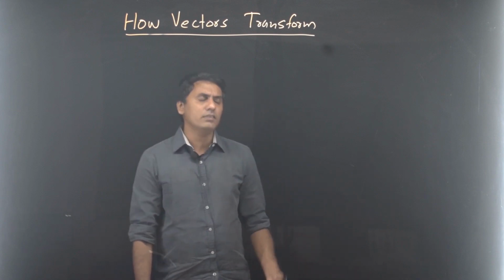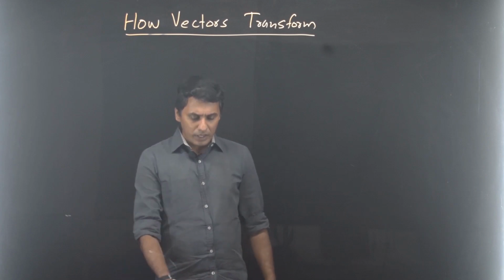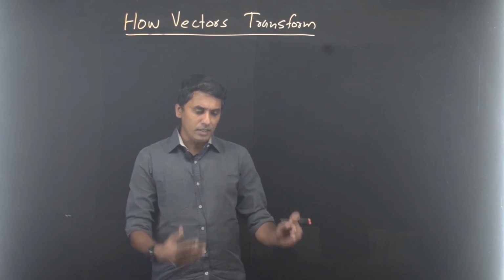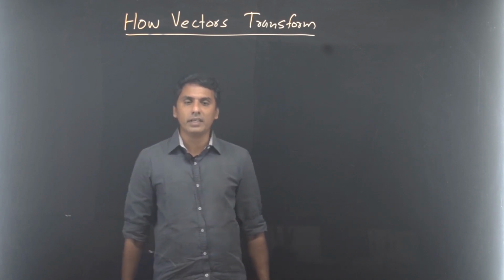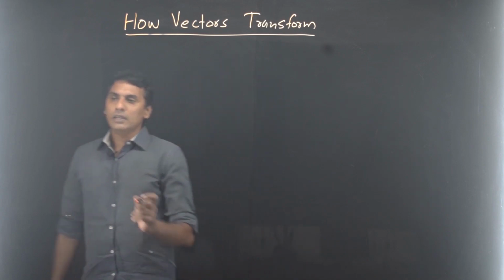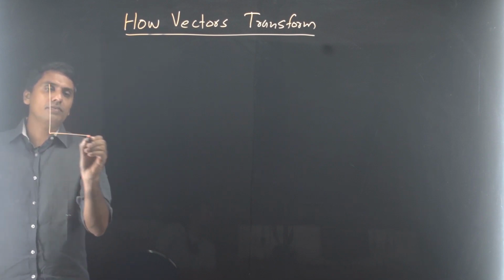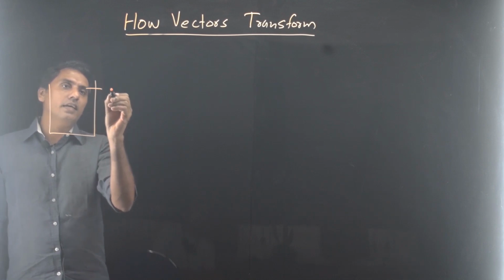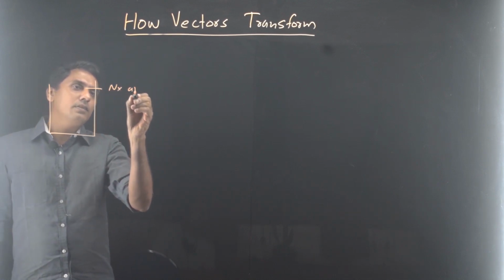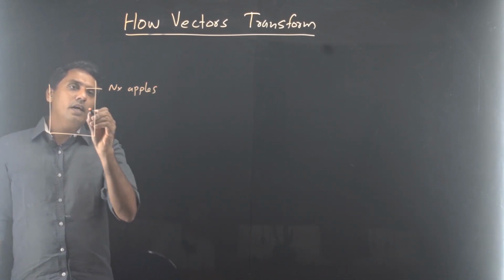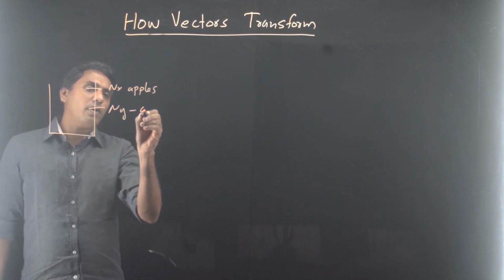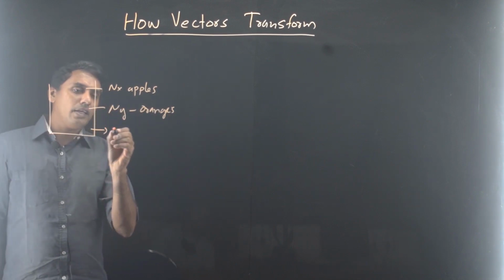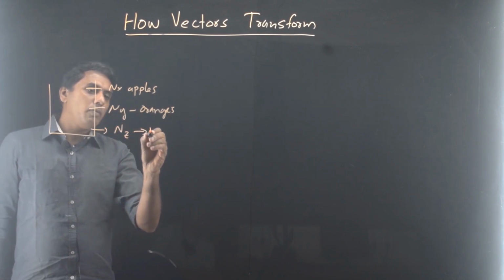Then you may tell me that a vector is a quantity which has three components and it properly adds under addition. Let's take an example. Suppose you have a box of fruits which has nx number of apples, ny number of oranges, and nz number of bananas.